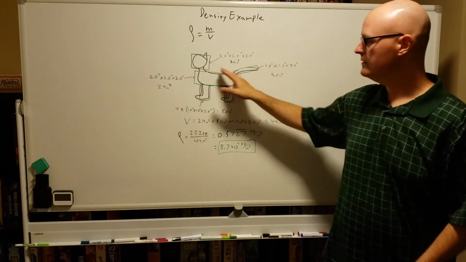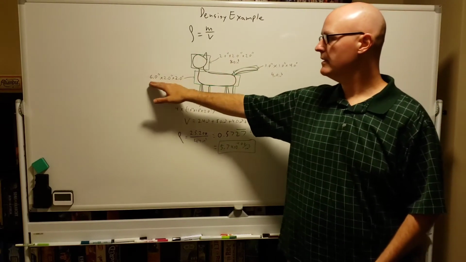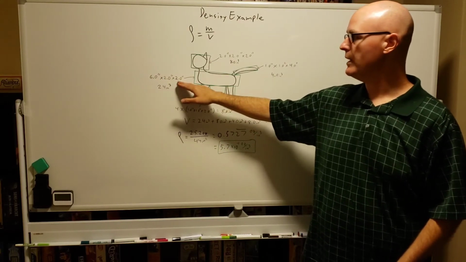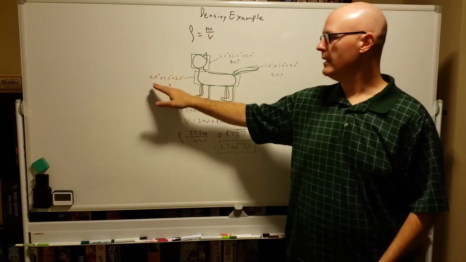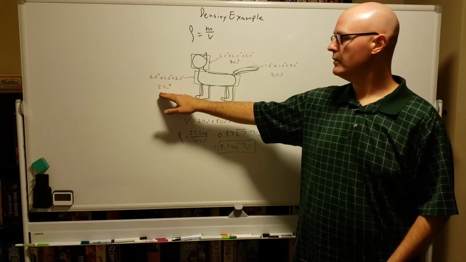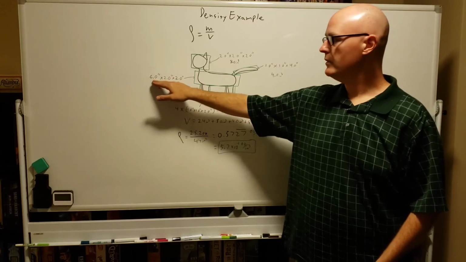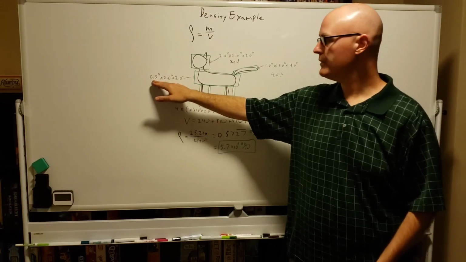The body, I'm estimating at 6.0 inches by 2 inches by 2 inches. That ends up with 24 cubic inches. Again, I use the two digits to represent two significant figures.